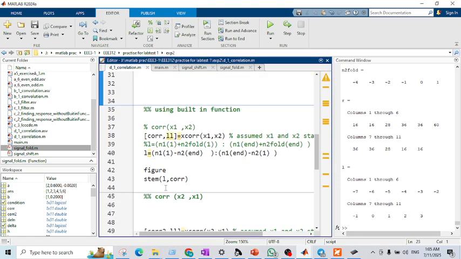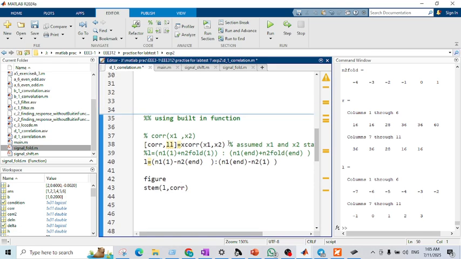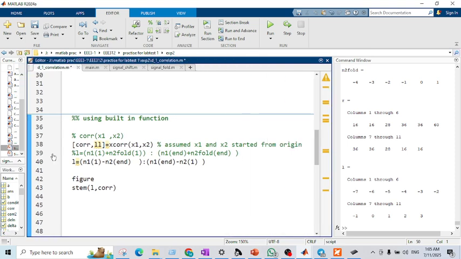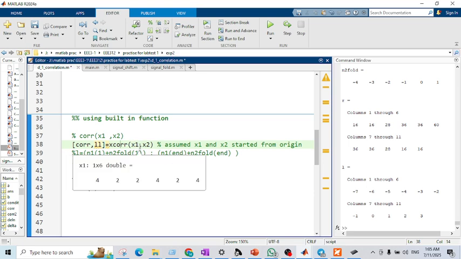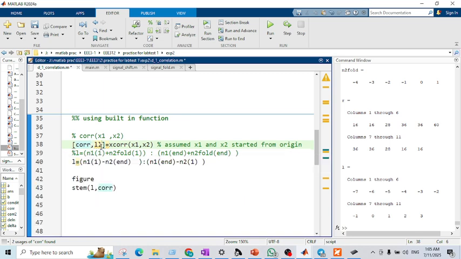This is a built-in function. Xcorr is not my function, sorry, it's a built-in function. This built-in function gives you the cross correlation function R, or I can call it core, and this is L. I choose it L, but there is no use of L.